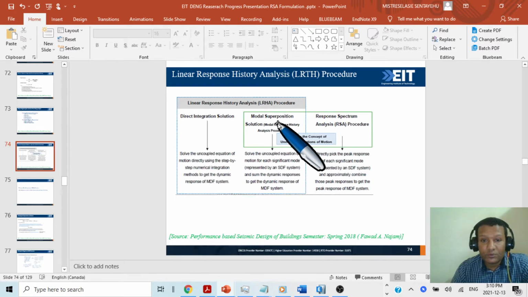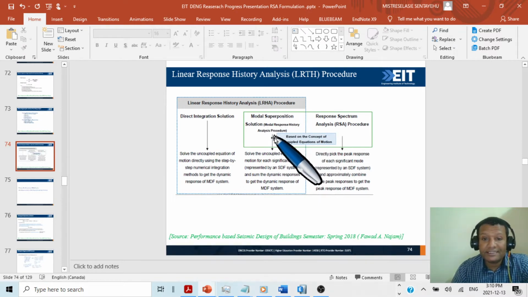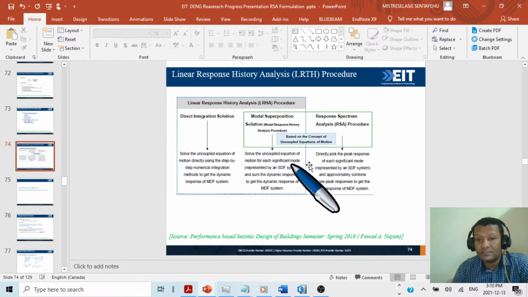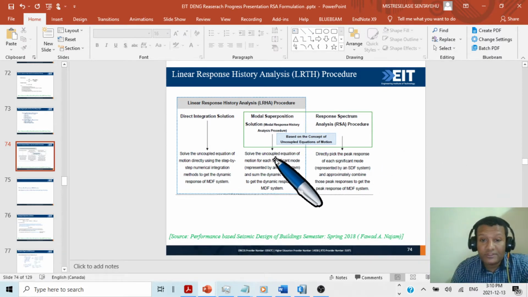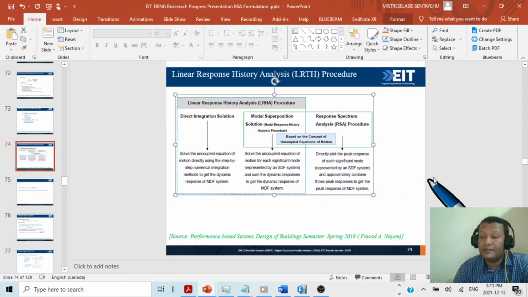But the other one is the modal superposition solution: modal response history analysis procedure and response spectrum analysis. This is also explained in depth in my second video. This one solves the uncoupled equation of motion for each significant mode represented by a single degree of freedom system, and sums the dynamic responses to get the dynamic response of the multiple degree of freedom system.